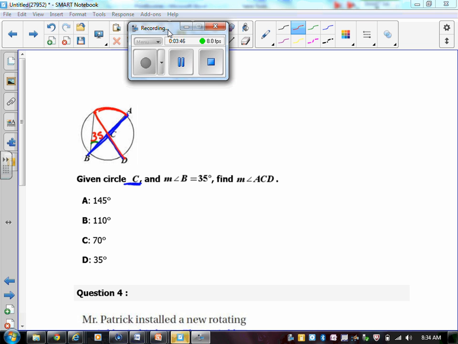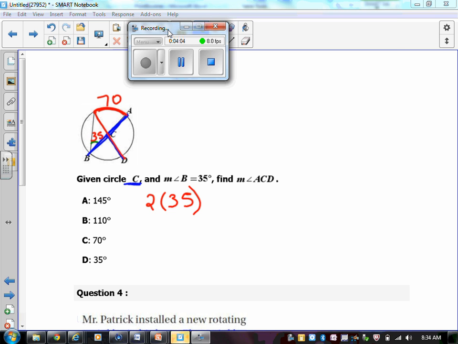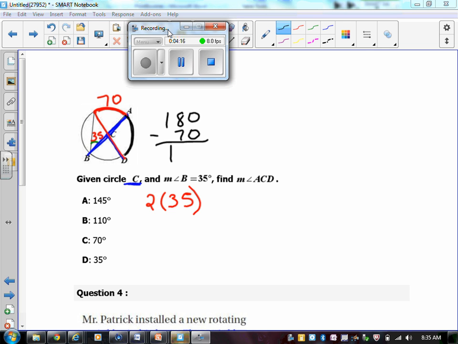All you have to do is 2 times 35 would give you this red arc, which is 70, right? So now what is left is to find AD. If I know what AD is, then I know what ACD is. So all I have to do is 180 minus 70, which is 110. Oh, I solved it. But that's what you should have done to get it.